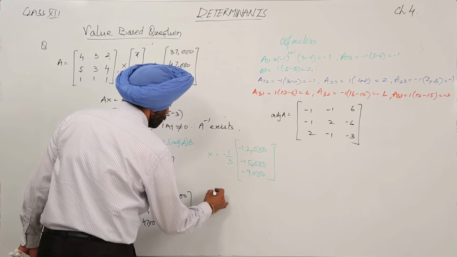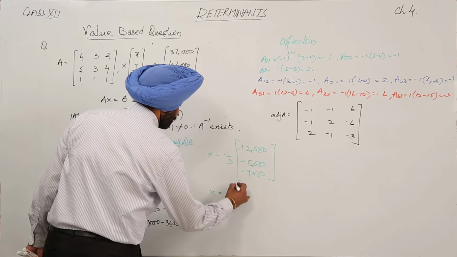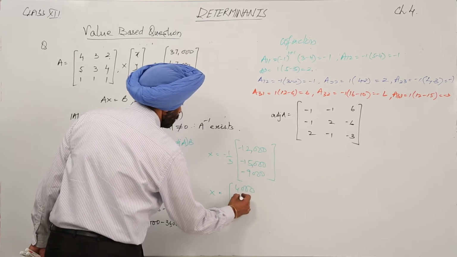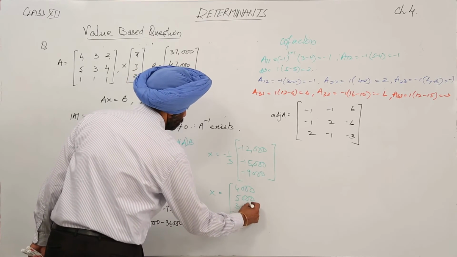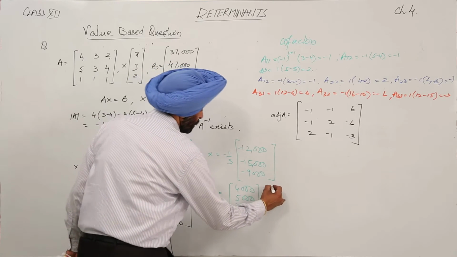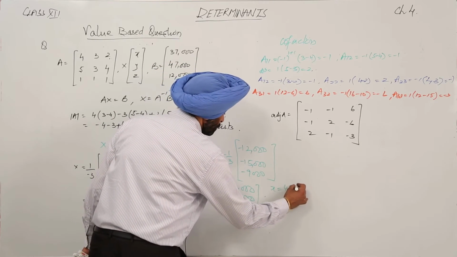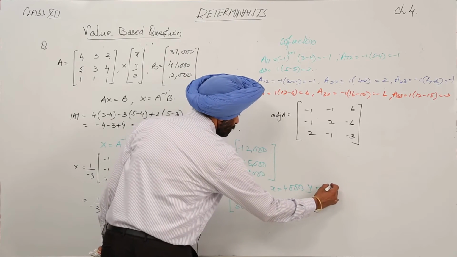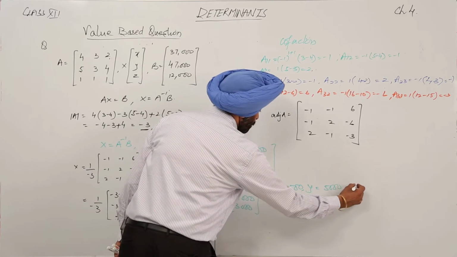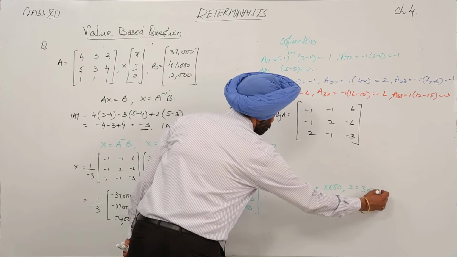So now we are having 4,000, 5,000 and 3,000. X is equal to 4,000, y is equal to 5,000 and z is equal to 3,000.